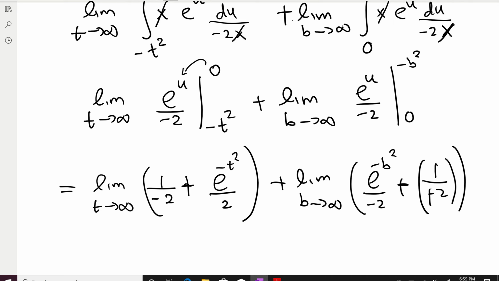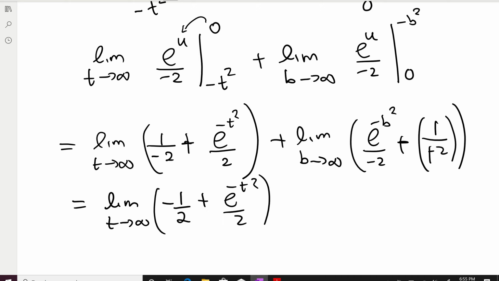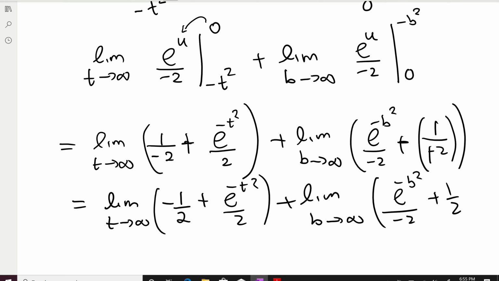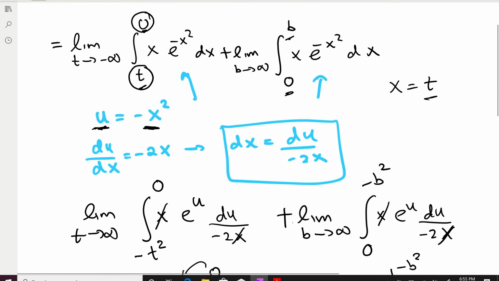Negative, negative, positive. So let's write this cleanly before we take the limit. Limit t goes to infinity, negative half plus e to the negative t square over 2. Limit b goes to infinity, e to the negative b square over negative 2 plus half. Okay, I think I have made a mistake here.